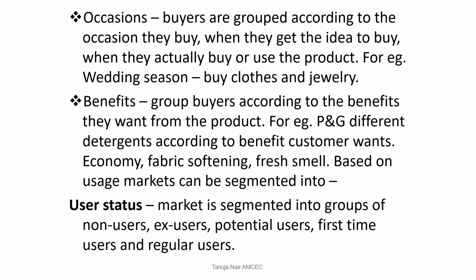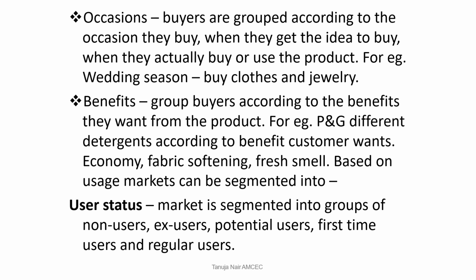For each segment, the marketer will try to find out which segment his targeted customers belong to. So he will come to know what benefit they want or how they intend to use his product.